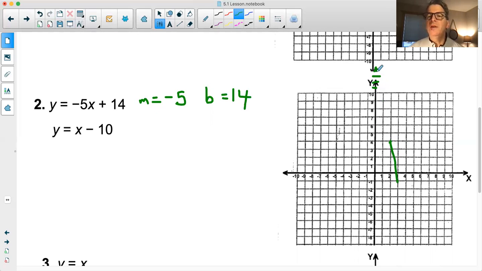So this was 14, down 5, 1, 2, 3, 4, 5 over 1. So I'll extend that out like this. You know, I could use the tool that's with the smart board.